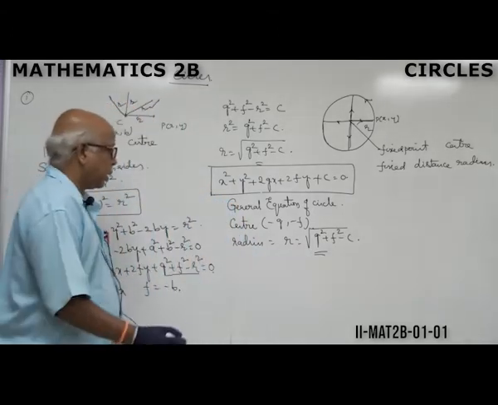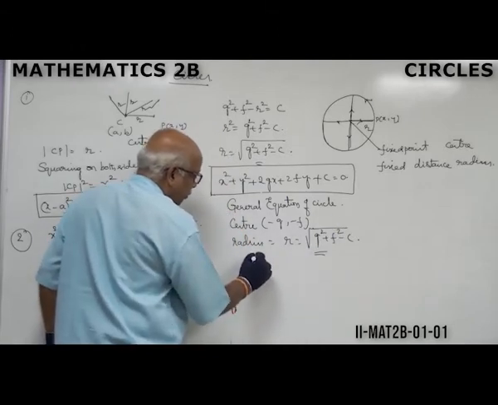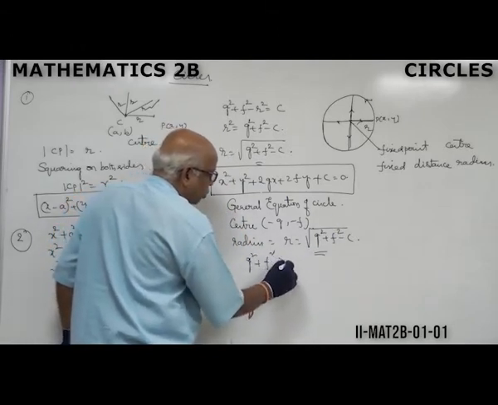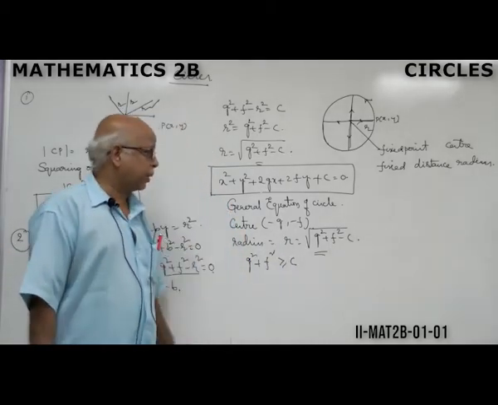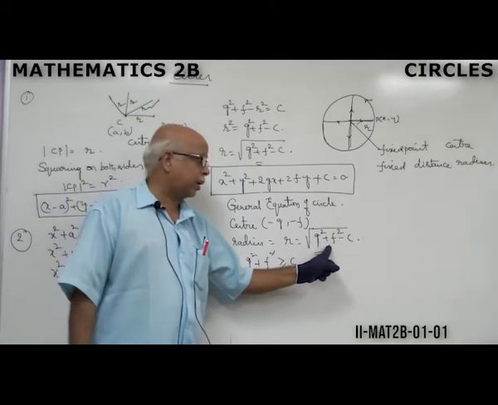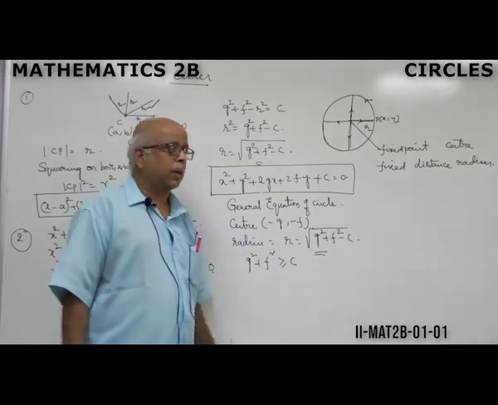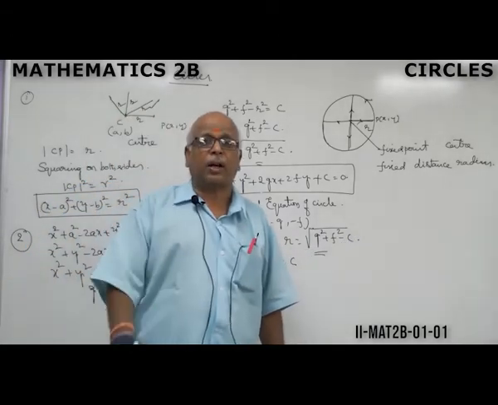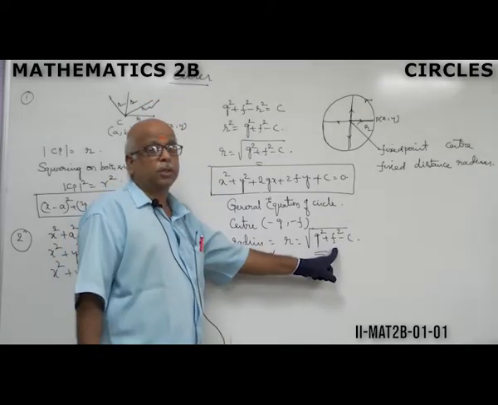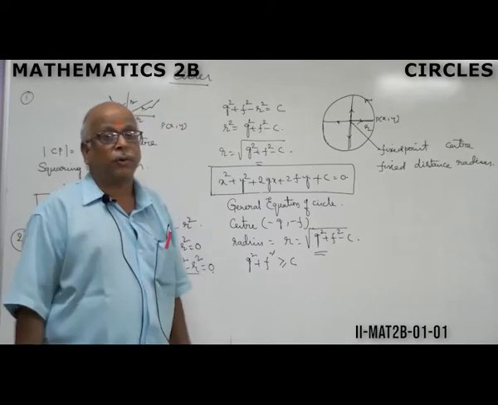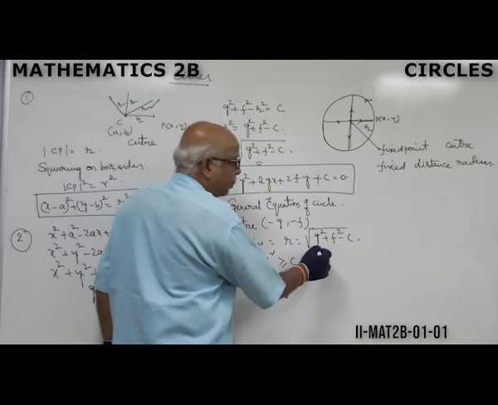Of course, for the well-definedness of the square root, g square plus f square must always be greater than or equal to c. If g square plus f square equals c, what happens? This totality will be 0, root 0 will be 0. If g square plus f square is greater than c, it is a positive quantity. Suppose g square plus f square is less than c, obviously the totality will become negative.